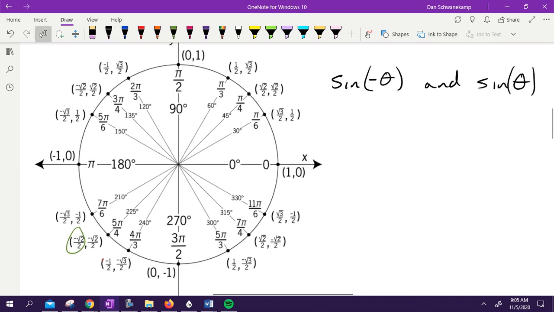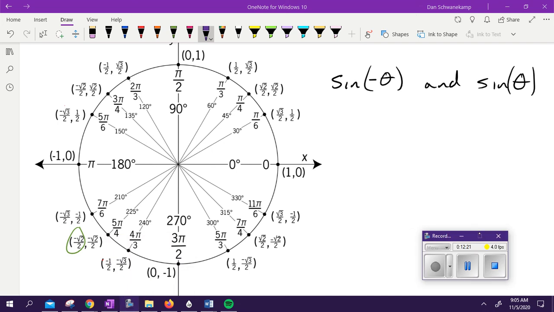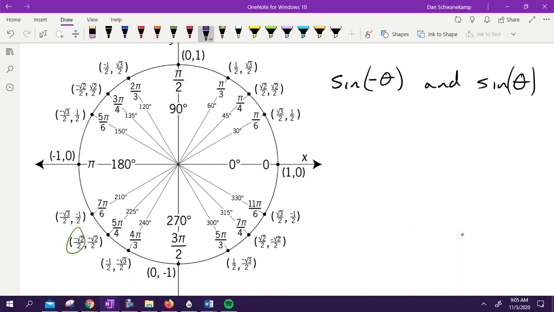Look at that unit circle. Pick your favorite angle. For the sake of what we're doing, don't pick 0 or pi over 2 or pi. Pick your favorite angle besides those. All right, you got it? Tell your neighbor, what did you get for sine?